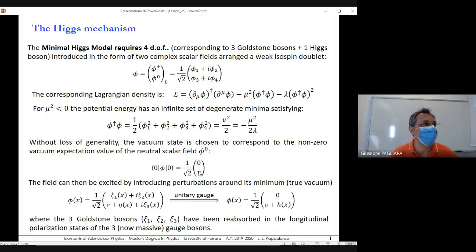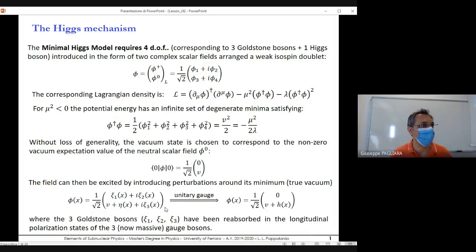Then we want to create particles, so excitations, okay? So the field can be excited by introducing perturbations of the field itself around the minimum. And since we have 4 degrees of freedom, we have to introduce 4 different perturbations that we call Xi1, Xi2, Xi3, and H. Okay, so overall, our doublet, after the spontaneous symmetry breaking, looks like this.